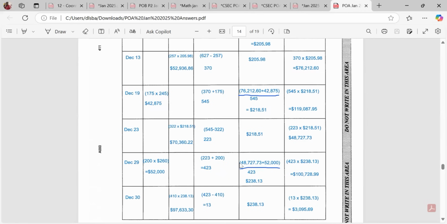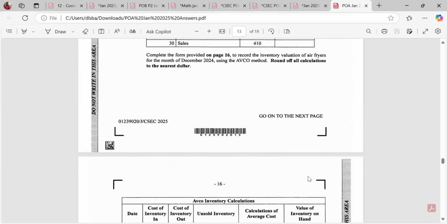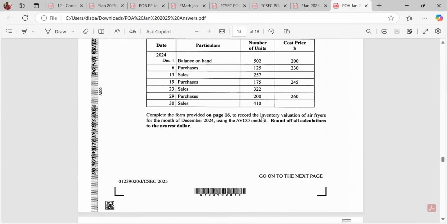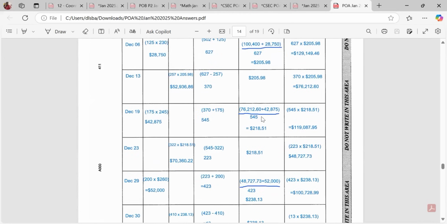The cost per unit is the total cost, the cost of the goods you had before, plus the cost of the goods you just bought, divided by your total units, 423, $238.13. So your total cost will be the total goods you have multiplied by your cost per unit, $100,728.99.